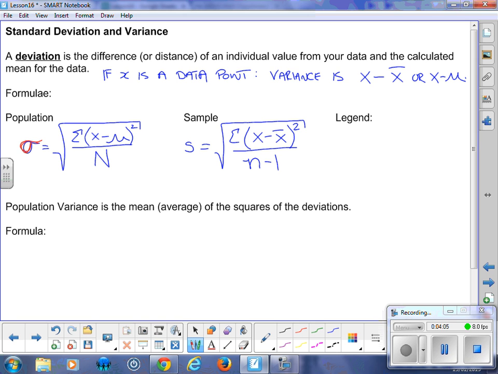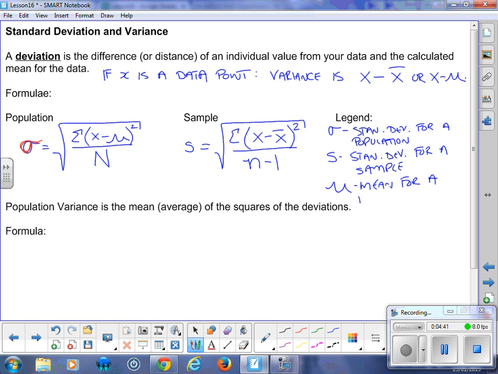So a couple of things to add in the legend. Sigma is standard deviation for a population, and S is standard deviation for a sample. They are the same thing. They are calculating or representing the same thing. Mu is the mean for a population.